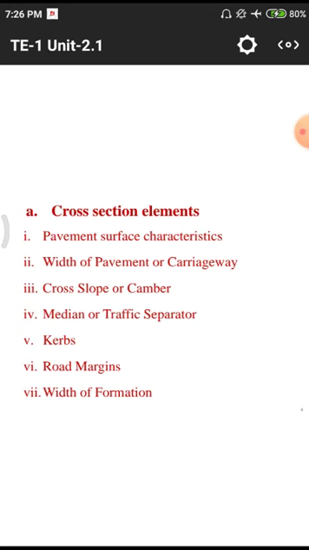This cross slope entirely depends upon the particular length of the arc or radius. That means while we are traveling in circular patterns, centripetal and centrifugal forces are acting on a particular vehicle. So to avoid those centripetal and centrifugal forces, we need to provide a particular amount of camber.